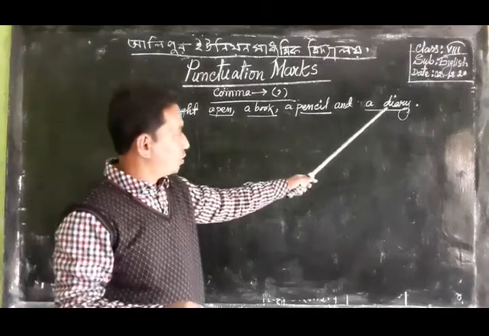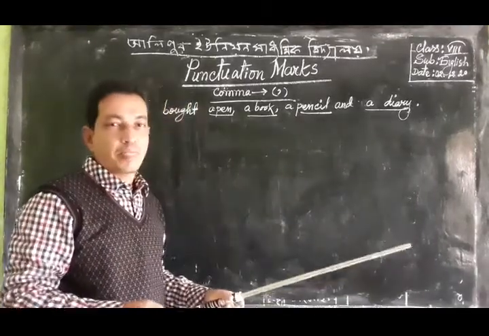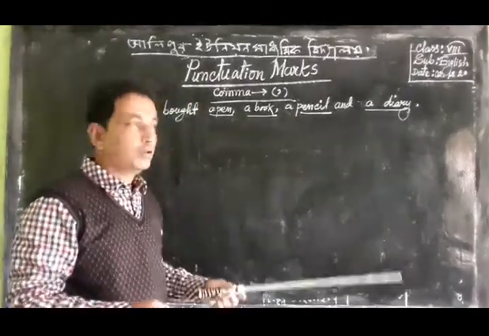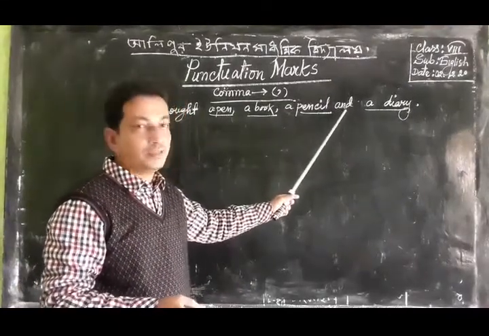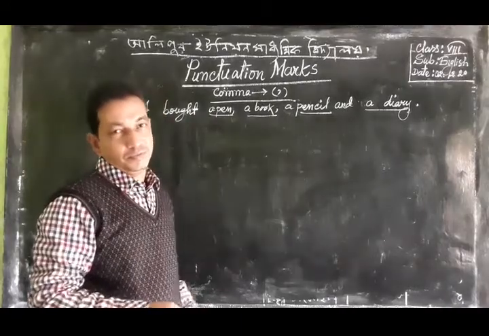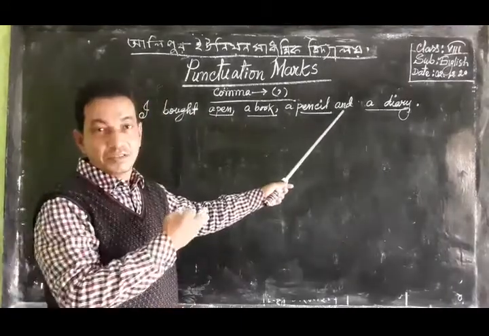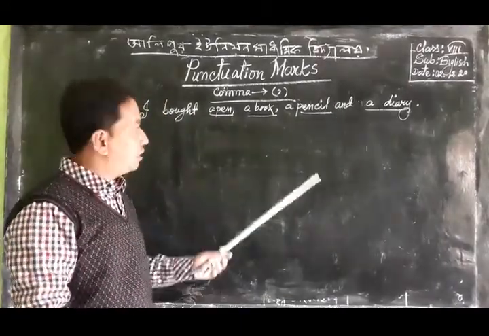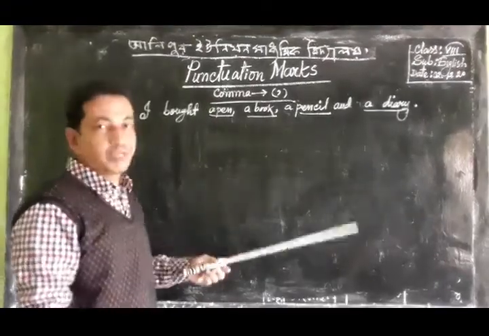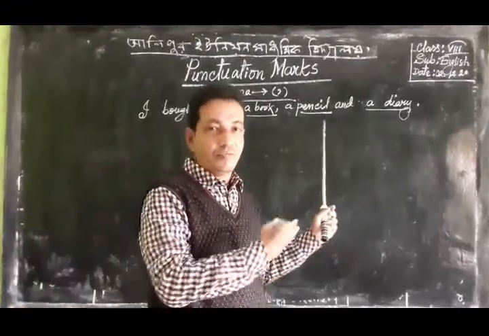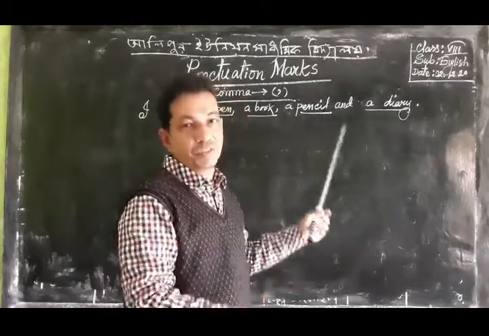But between the last two words there is no comma, and the two words are connected with the conjunction and. So you should bear in mind that grammatical sequence. First of all, comma is used in this type of sentence.